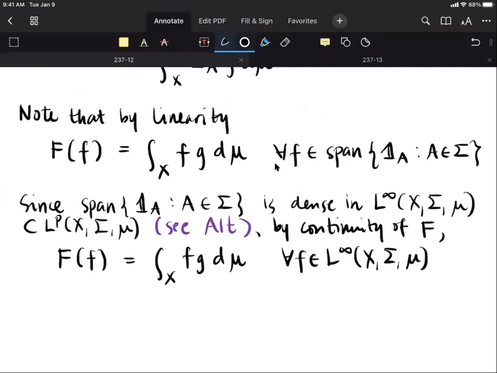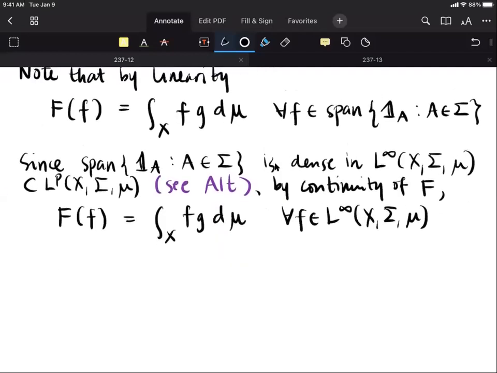Okay, so we can do this so far for L infinity functions because we only know at this point that g is L1. So in order for the right-hand side to be well-defined for g in L1, you need f to be L infinity by Holder's inequality.